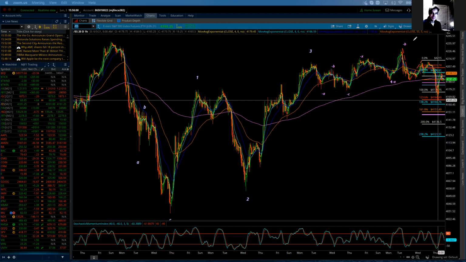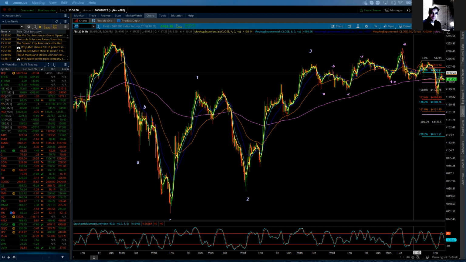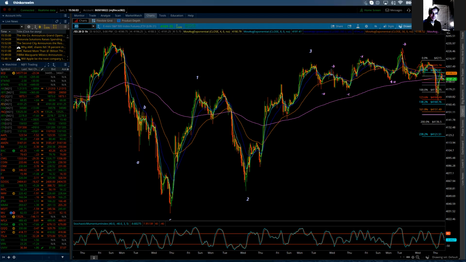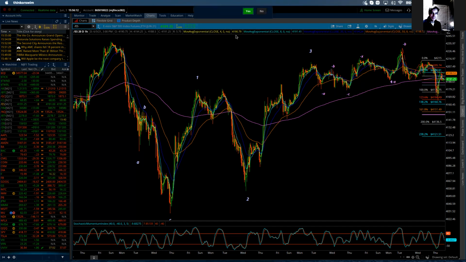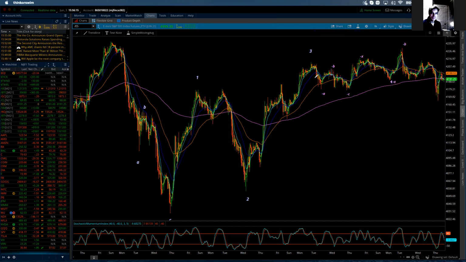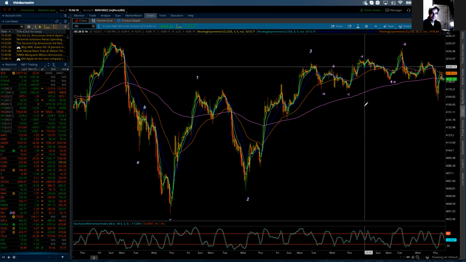Now, I want to take off the Fibonacci there so that we can take a look at the internals, because that's where I think we're going to get this separation between the NASDAQ and the S&P.